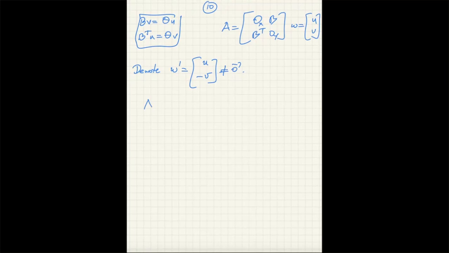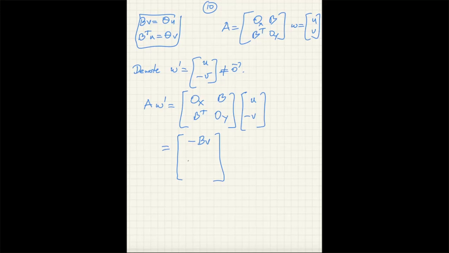And let's see what happens when we multiply A by W prime. Well, A, which is 0 B, B transpose 0, times now U and minus V. In the first part, we have B meeting minus V, so we get minus BV.